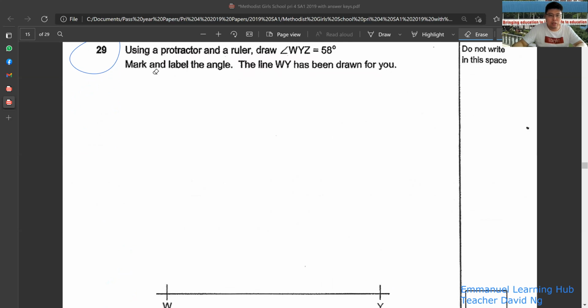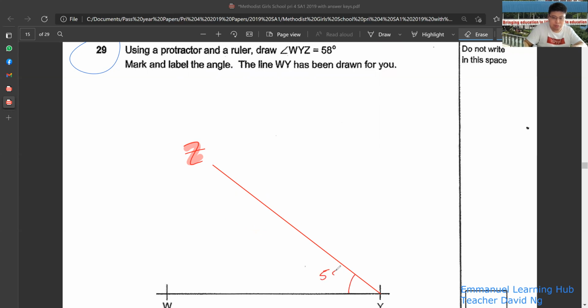Question 29. Use protractor and ruler, draw WYZ is 58 degrees. WYZ is here. This is 45, 58 is about like this. I draw on the other side.